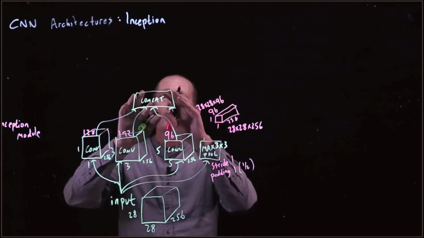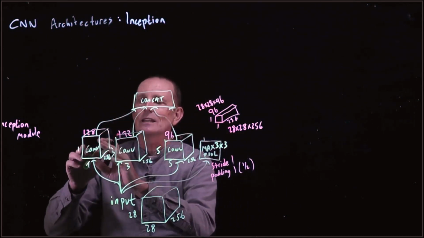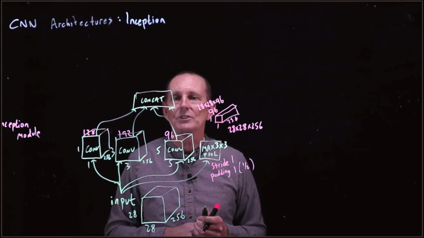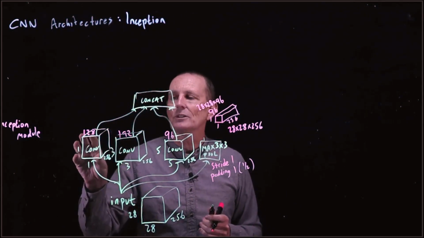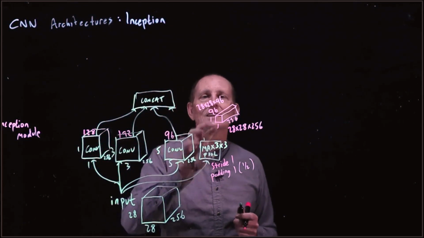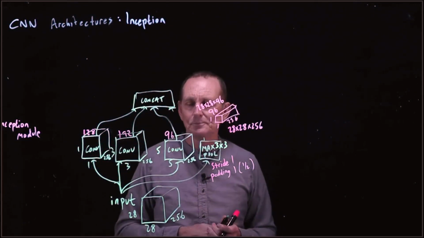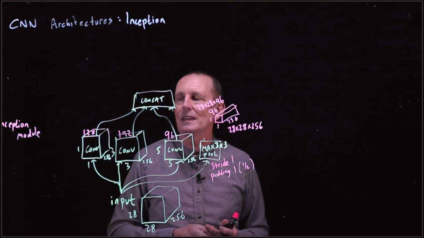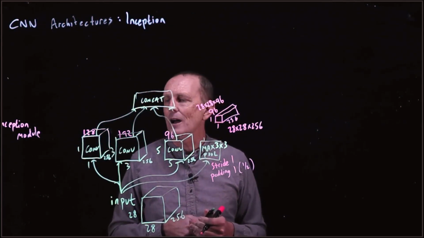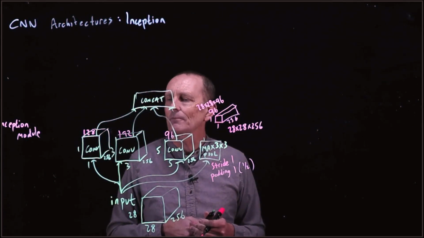So now our concatenation can concatenate all 4 of these because they're all of compatible sizes, right? 28 by 28 by 128, 28 by 28 by 192, 28 by 28 by 96, and 28 by 28 by 96. And so we end up with a depth that in this particular case is around 500-something.